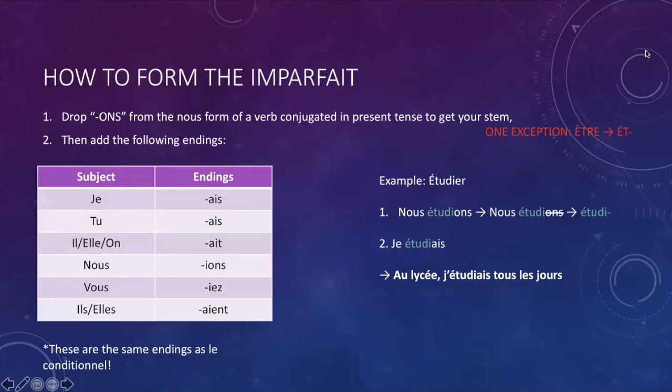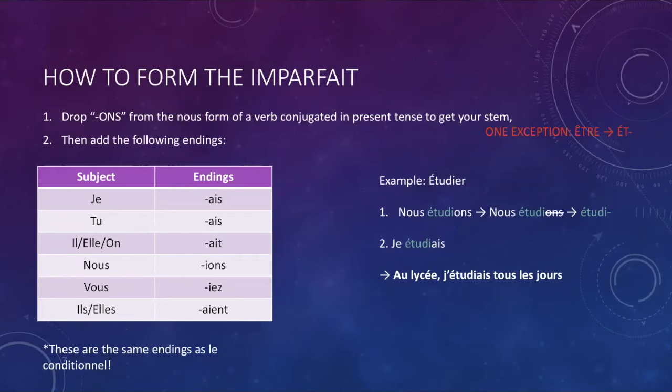So how do we form the imparfait? First, you're going to need the verb that you wish to use conjugated in the present tense in the nous form. Once you have that conjugated, you're going to drop the -ons of that verb to get your stem. Then you will add the following endings in the table to that stem, and your verb will be in the imparfait.